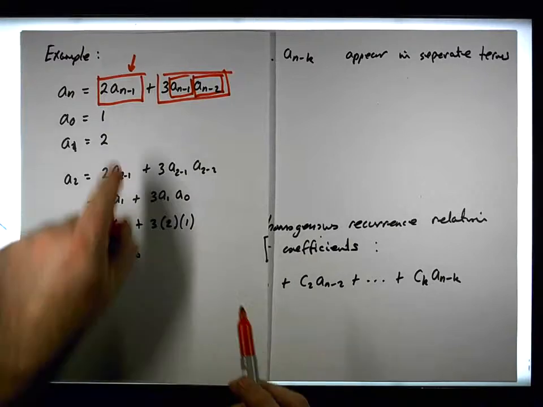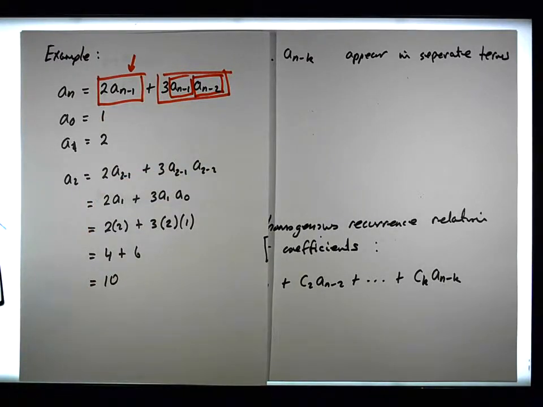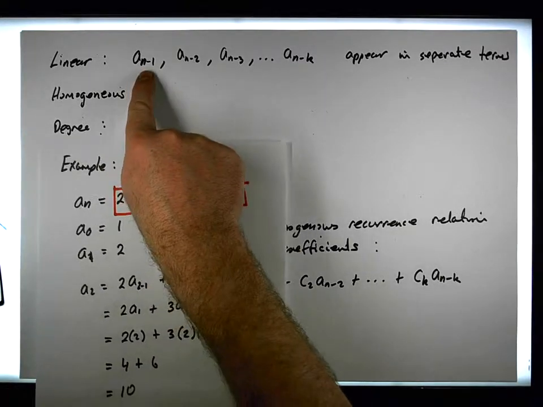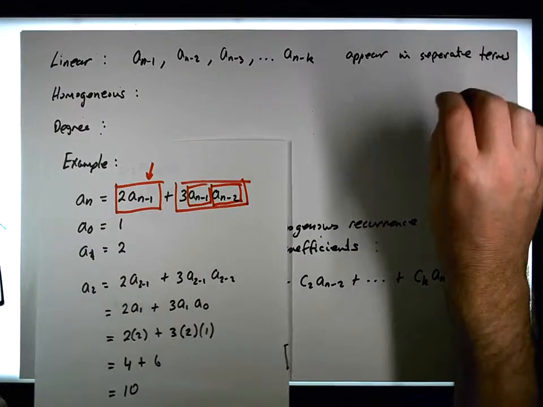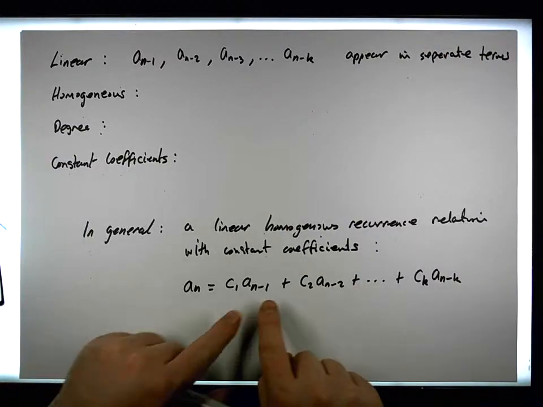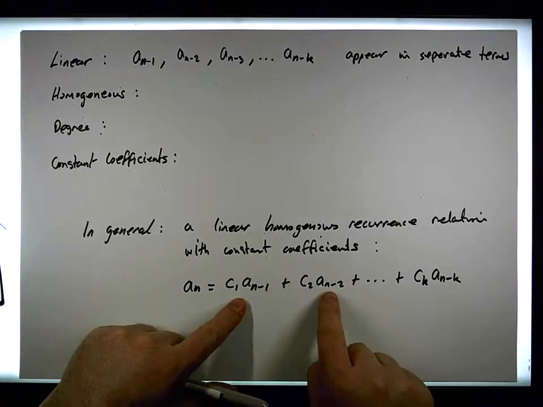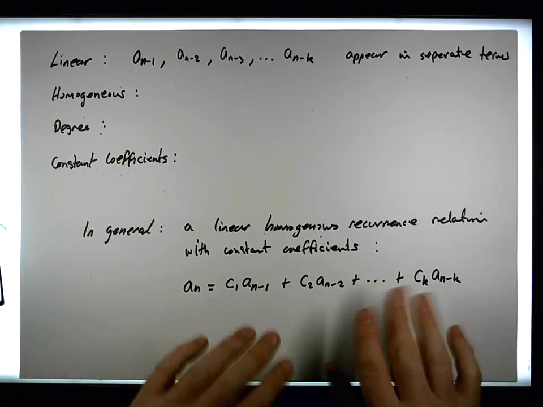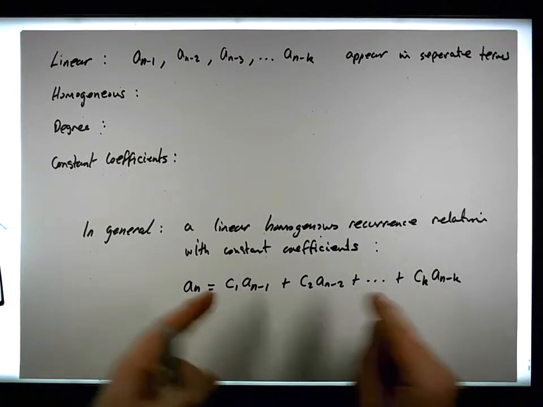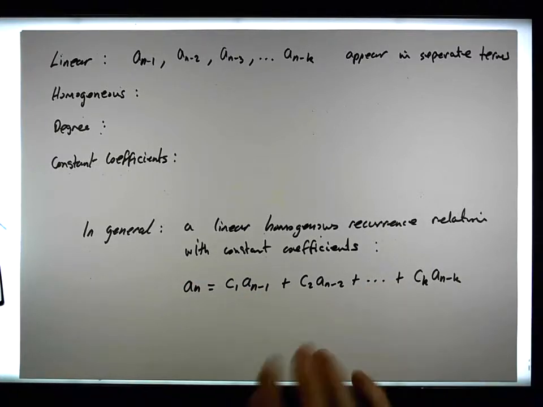So this is not linear. To be linear, the terms can only appear as components on their own. We can't have the product of them, we can't have anything else, we can't have multiple terms multiplied by each other within here. So that's what it means to be linear.